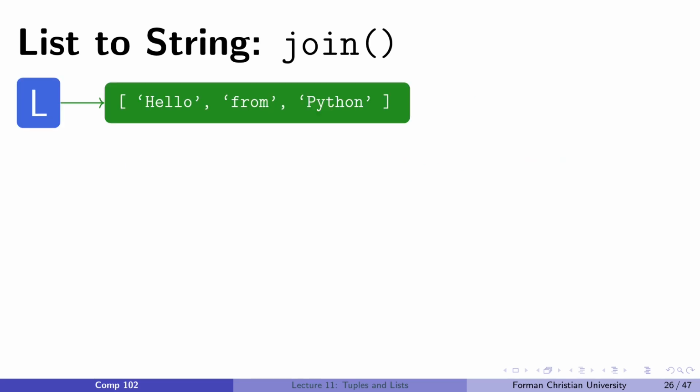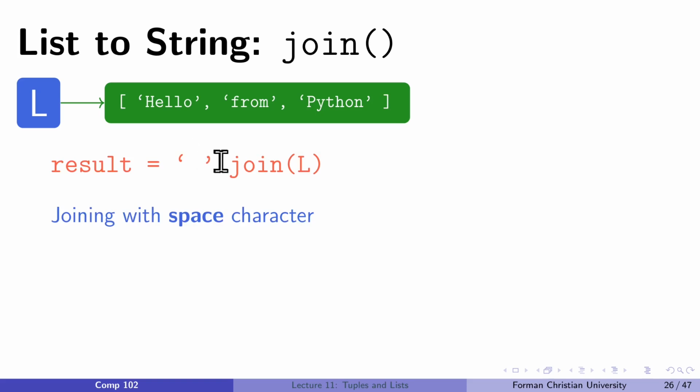Here's an example of join in action. L equals a list which contains 3 items, and those items are strictly strings. You cannot have other types of items if you want join to work on a list. So when you say result equals a space, this is not an empty string, this is a space basically, dot join L. We are joining with a space character.